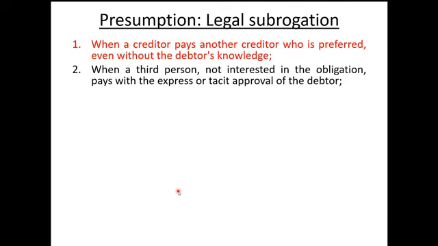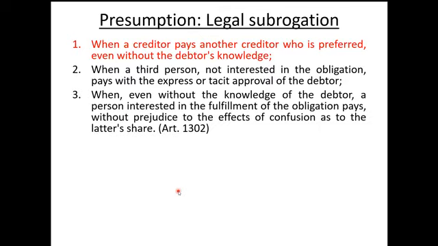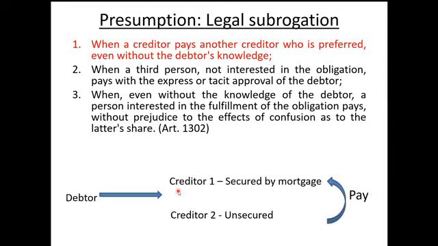Okay, presumption of legal subrogation. Di ba sabi ko kanina, okay, sa legal subrogation, it's never presumed. Kailangan may batas na nagsasabi na may legal subrogation. At ito yon, Article 1302. Una, when a creditor pays another creditor who is preferred even without the debtor's knowledge. Example lang.